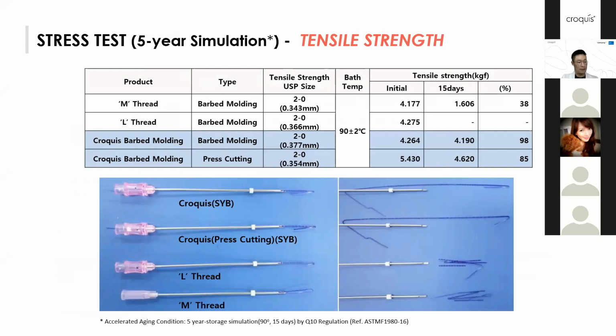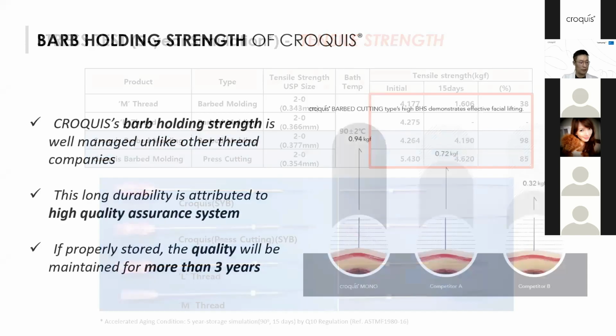In a 5-year stimulation test, under the same conditions as the 15-day stimulation test at 90 degrees Celsius, Croquis' tensile strength has remained almost unchanged, while other companies' products have significantly lost their tensile strength.